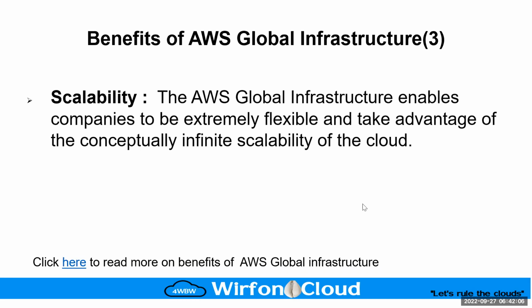Now, scalability. The AWS global infrastructure enables companies to be extremely flexible and take advantage of the concept of infinite scalability of the cloud. So when scaling an application, for example with an EC2 instance, at some point you want one instance, and you can increase and have more instances or more servers, virtual servers.